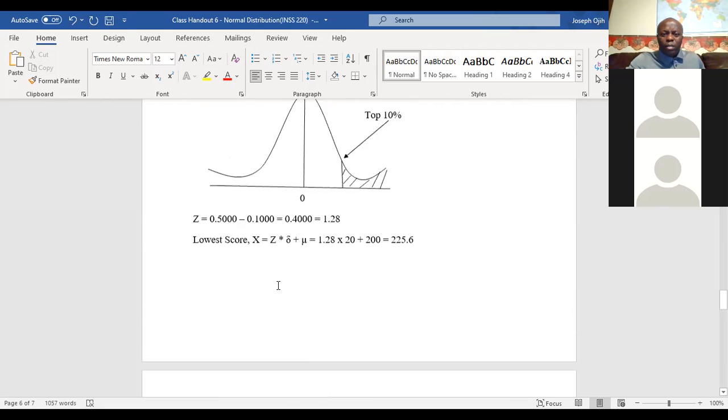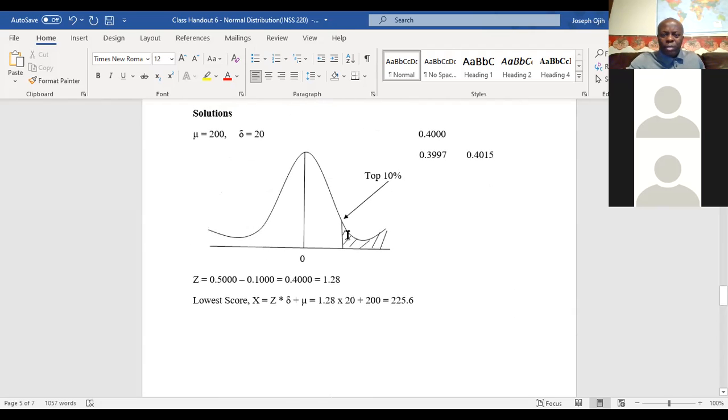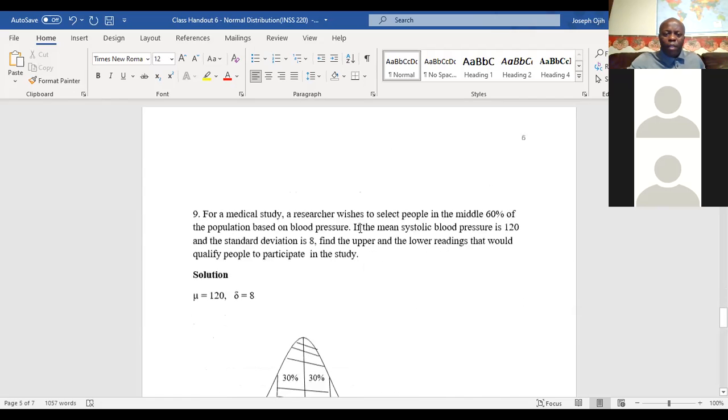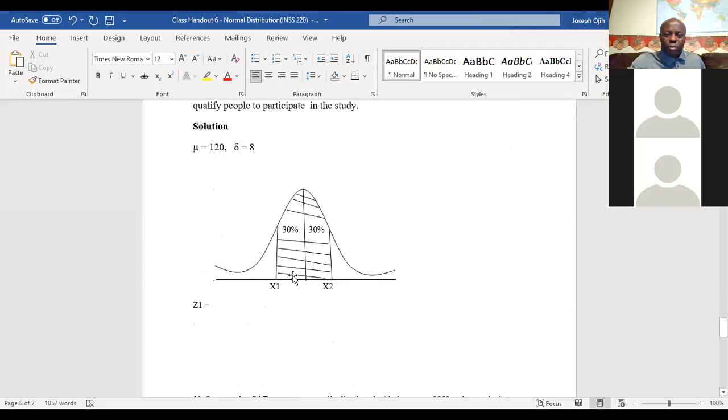It's not like the other one we did, where it's at the tail, where we have to subtract from 0.5. In this case, we don't have to do that because it starts from 0 to this part, and it says 30%. So the area is 30%, which is 0.3.